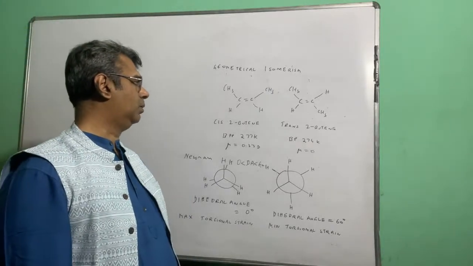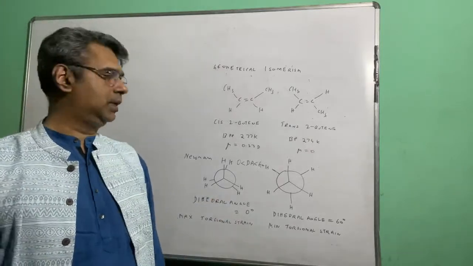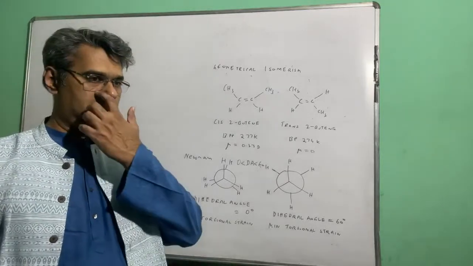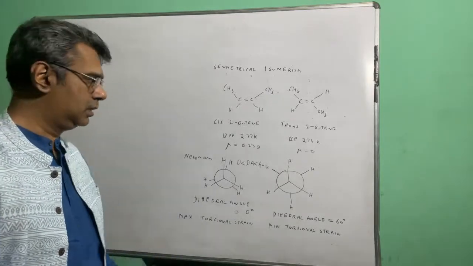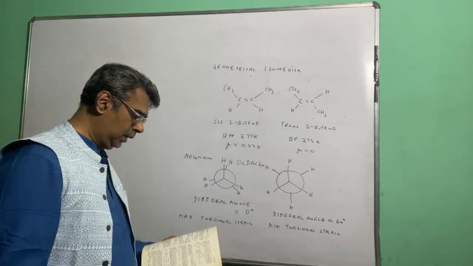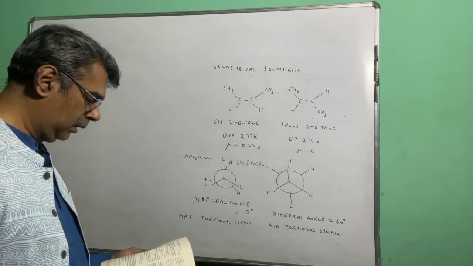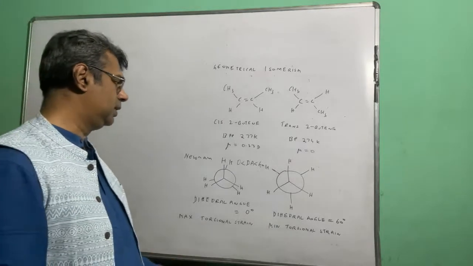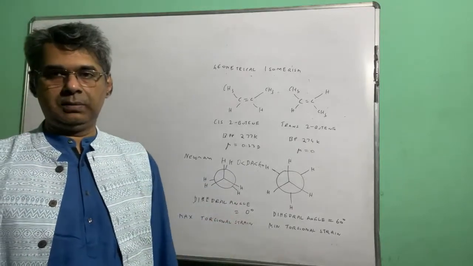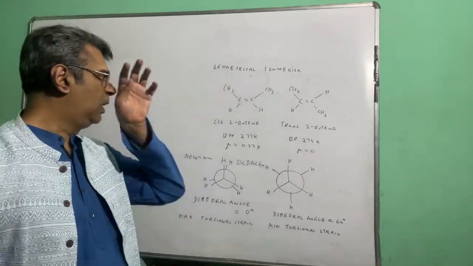So actually what happens is that when we were doing alkanes conformation isomerism, there rotation is actually hindered by the repulsions between adjacent bonds. So the repulsions between adjacent bonds hinders the rotation.